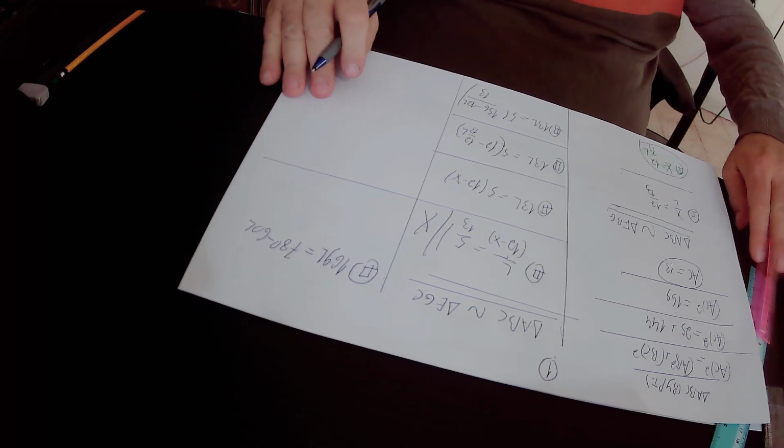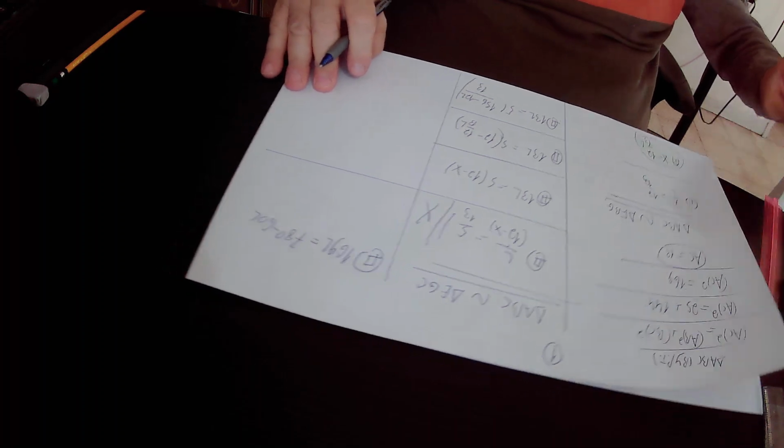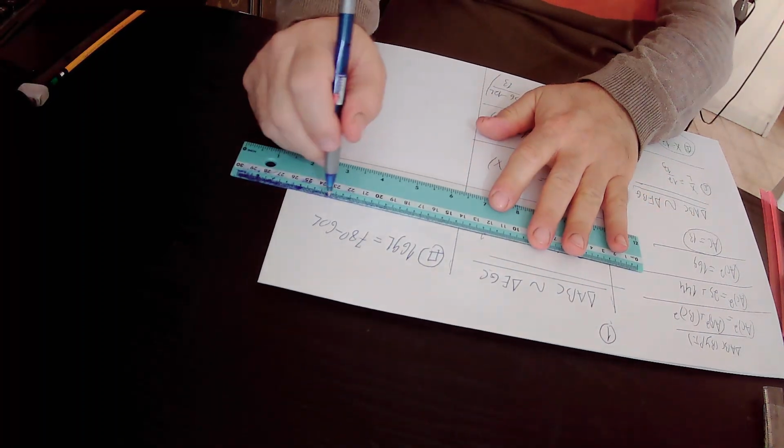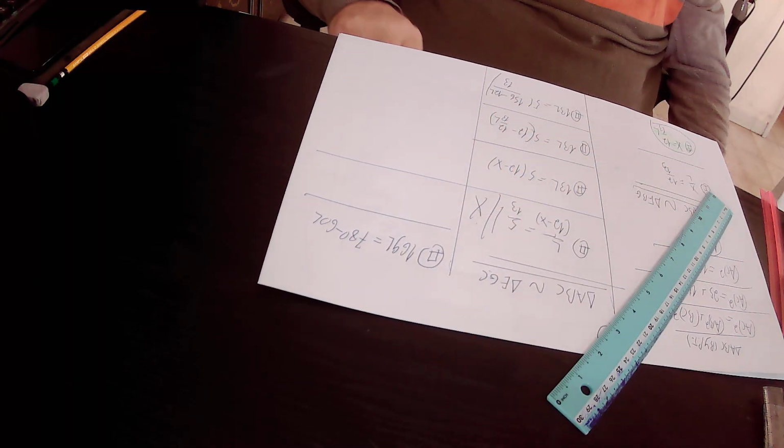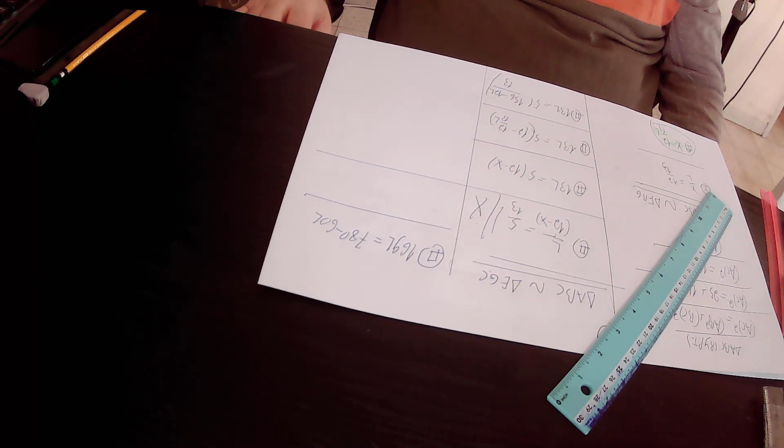So in conclusion, according to equation 2, 169L equals 780 minus 60L.